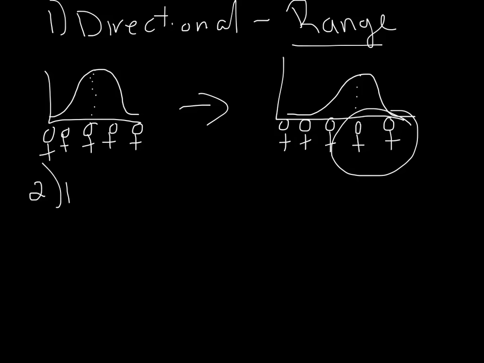Okay, number 2 is disruptive. Disruptive. Okay. And this is where there are certain conditions that favor 2 different extremes of your range. Okay, so again, remember your original.